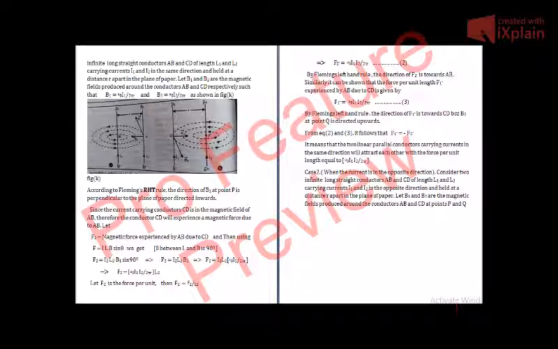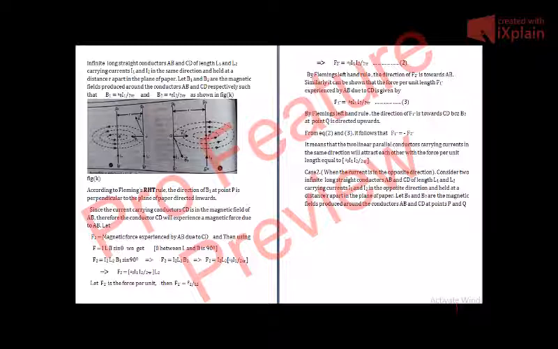Let us suppose that F2 is the magnetic force experienced by AB due to CD. Using F equals ILB sine theta, F2 will be equal to I2 L2 B1 sine 90.